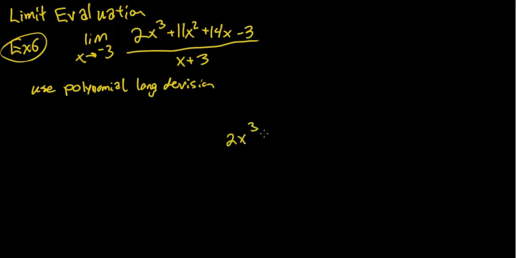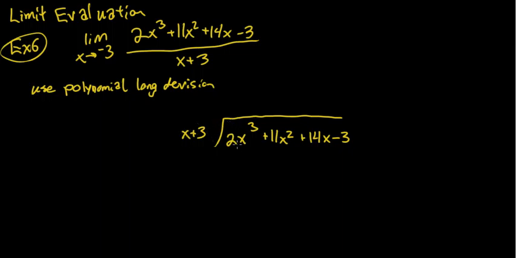We have 2x cubed plus 11x squared plus 14x minus 3, and we divide that by x plus 3. What we want to do is take this first term and see how many times it goes into here. x is the term to the highest power, so we're only looking at the x and not the 3.